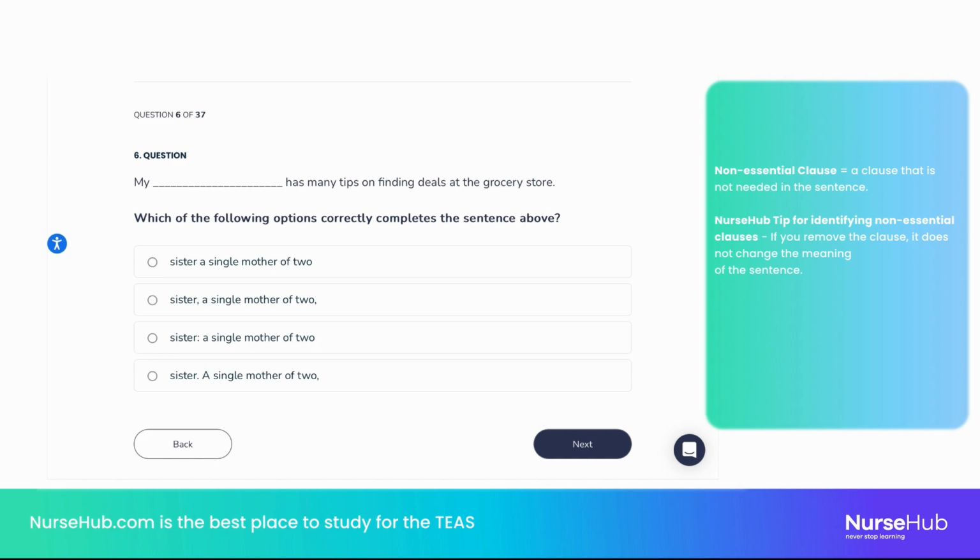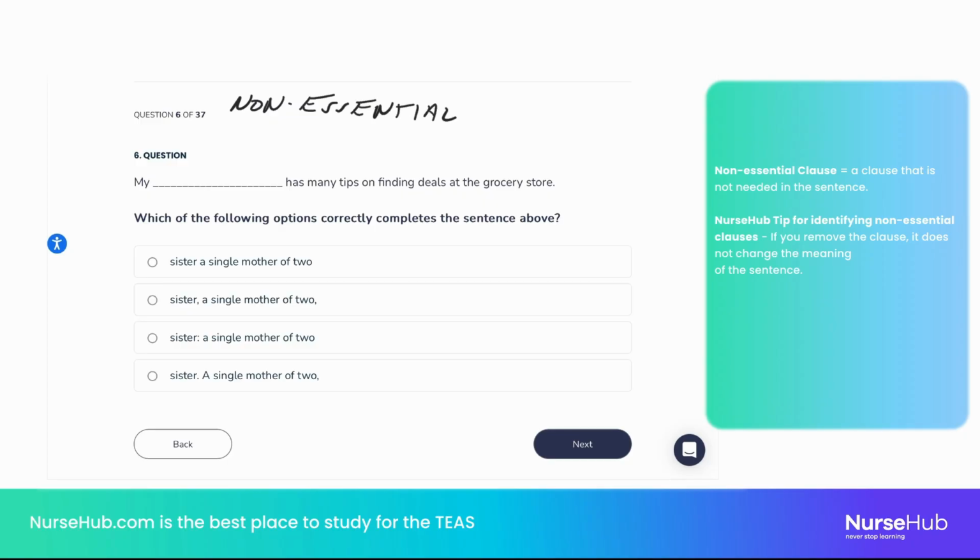My sister, a single mother of 2, has many tips on finding deals at the grocery store. Which of the following options correctly completes the sentence above? Now for this one, we have what is called a non-essential clause. Now, what does that mean?